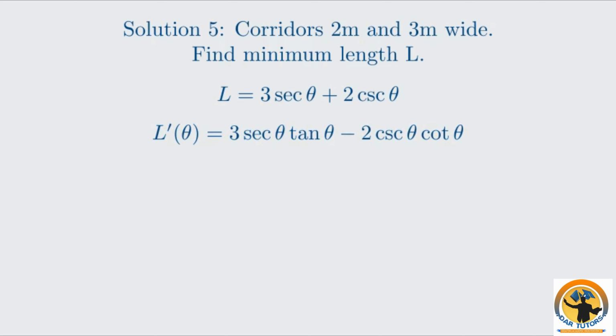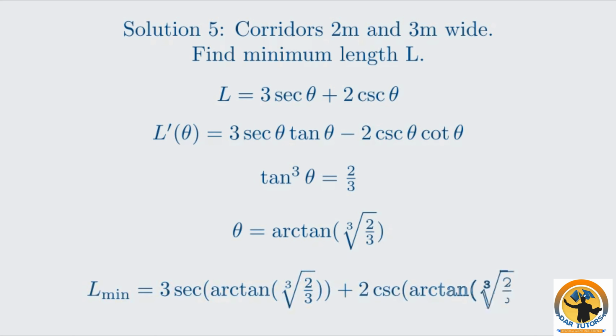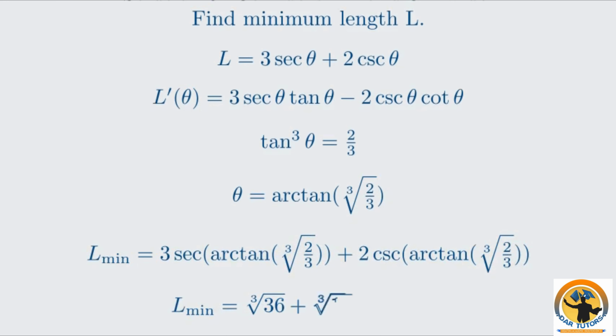Setting this to 0 and simplifying gives tangent cubed theta equals 2 over 3. So, theta equals the arctangent of the cube root of 2 over 3. This is the angle that minimizes the length. Substitute this value of theta back into the length formula. After some algebraic manipulation, the minimum length L is found to be the cube root of 36 plus the cube root of 16, which is approximately 7.02 meters.